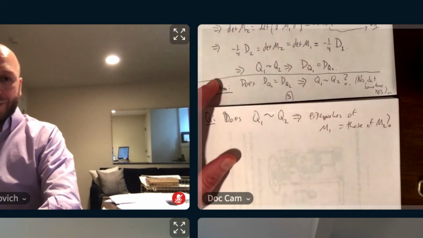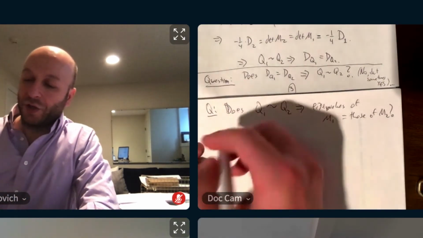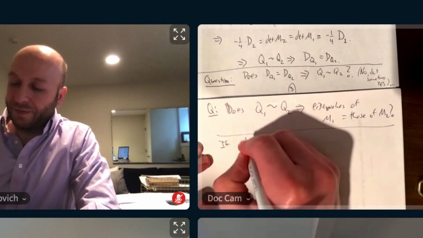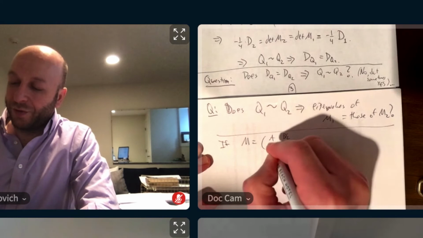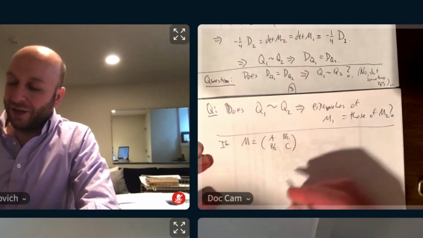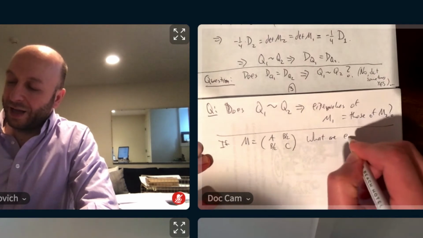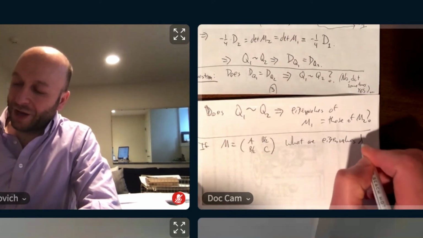Do equivalent forms have the same eigenvalues of their Gram matrices? So let's work out what the eigenvalues are. If M is the matrix A, B over 2, B over 2, C, what are its eigenvalues? This is a very quick computation.